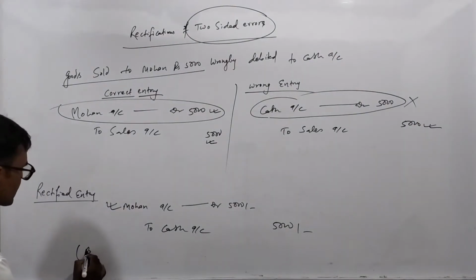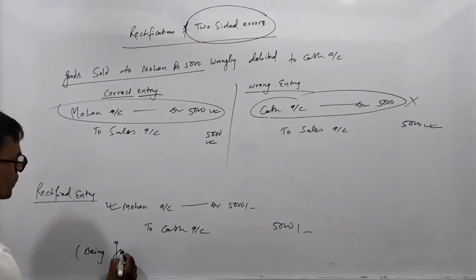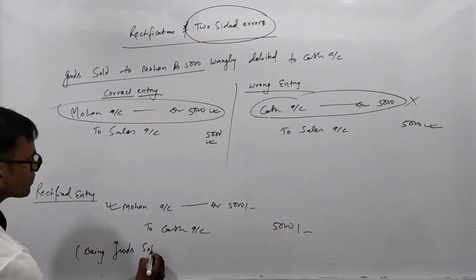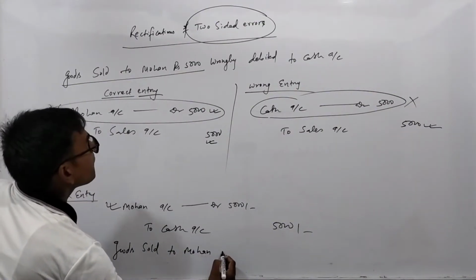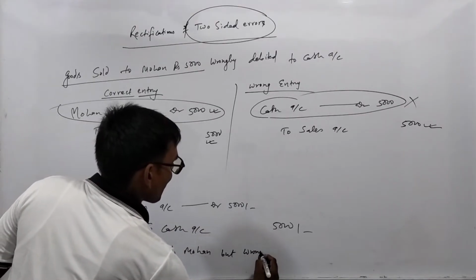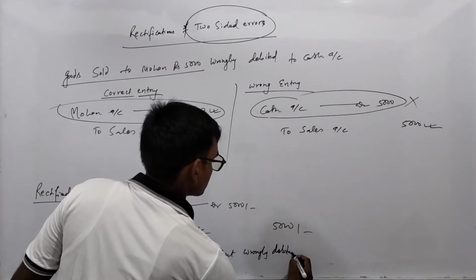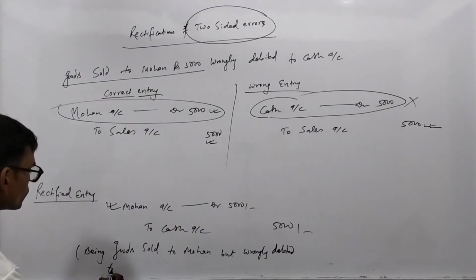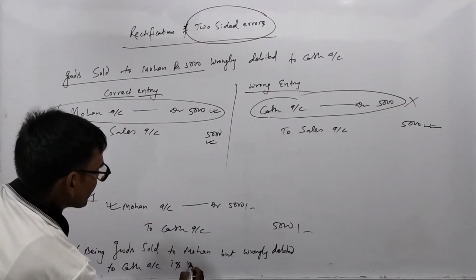And you have to write a journal narration: being goods sold to Mohan but wrongly debited to cash account is rectified.